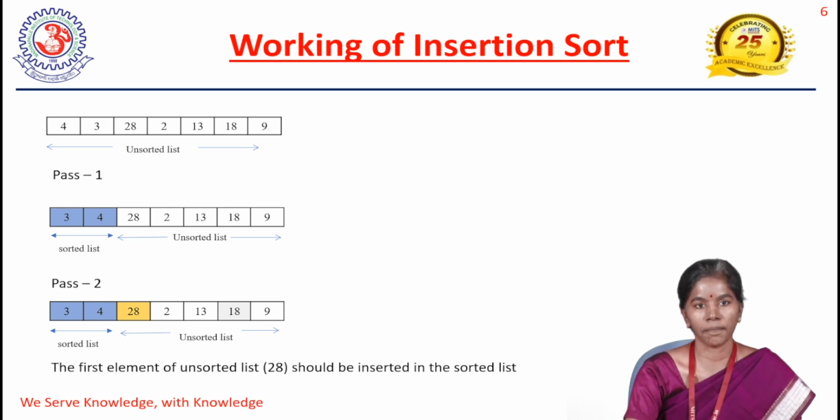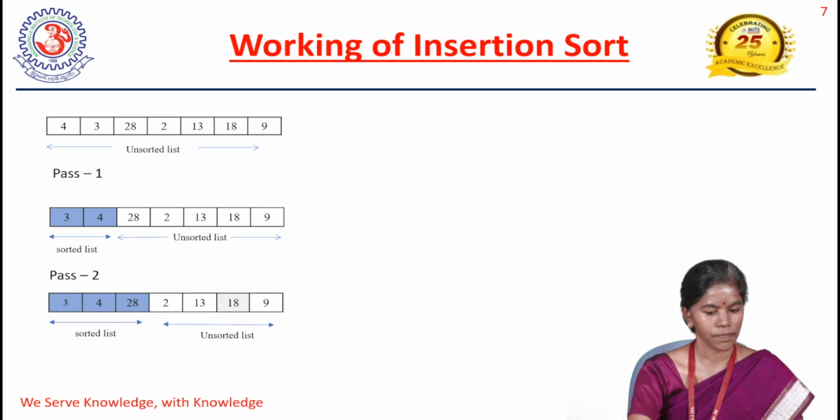Next, second pass. The sorted list is 3 and 4. The unsorted list has the remaining 5 elements. The first element of the unsorted list is 28. It has to be inserted into the sorted list. Now we go for the third pass.